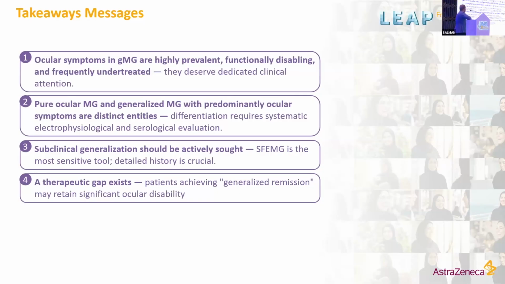When you see a patient with ocular myasthenia, you want to look for signs that can suggest subclinical generalization. Single fiber EMG is probably the most sensitive tool here if you have it. And there remains a therapeutic gap between generalized remission in patients who are treated with biological treatment and the treatment of the ocular symptoms of myasthenia gravis. And I think that's it.